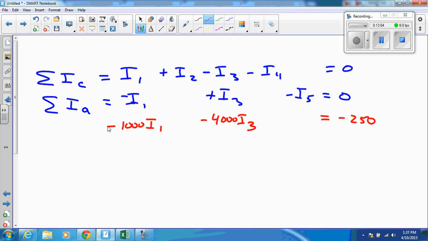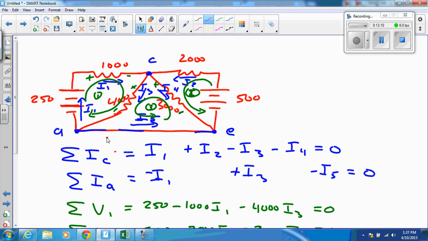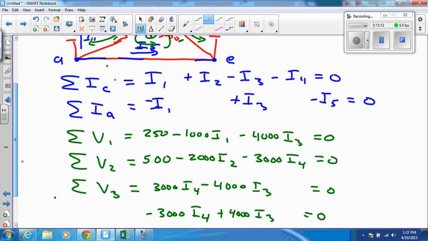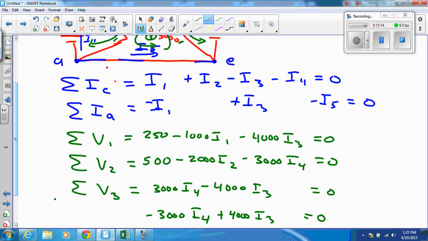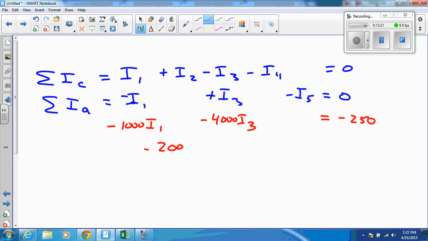You guys should be doing the same thing here, getting all your variables lined up, all your constants on the other side. Minus 2000 I2, minus 3000 I4 equals minus 500.